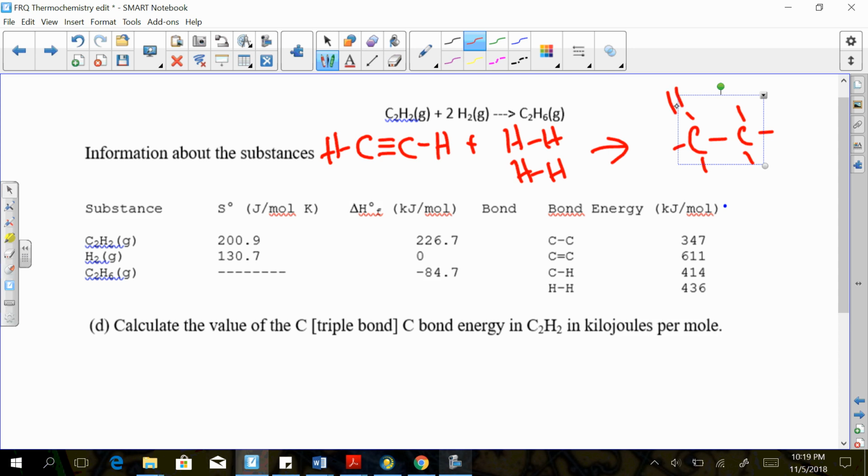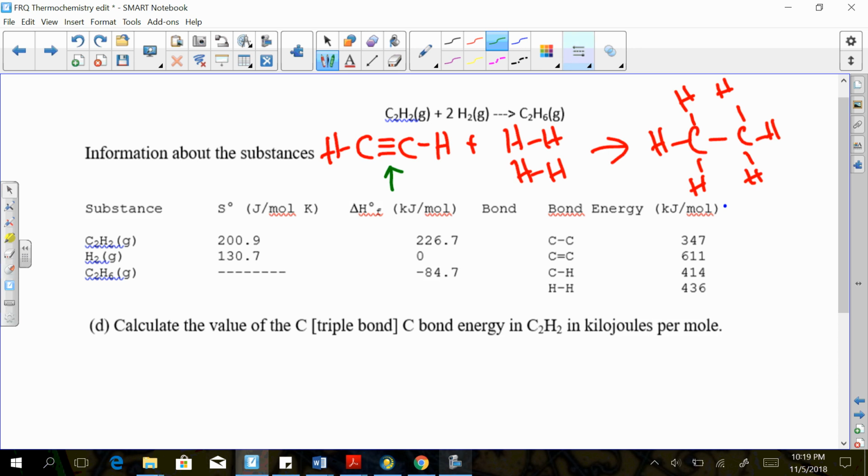And all of these carbons, each of the carbons, so carbon is attached to 1 of the carbons and then 3 hydrogens. So every carbon has 4 bonds. Okay, and we want to know what's the value of the bond energy in that carbon-carbon triple bond.